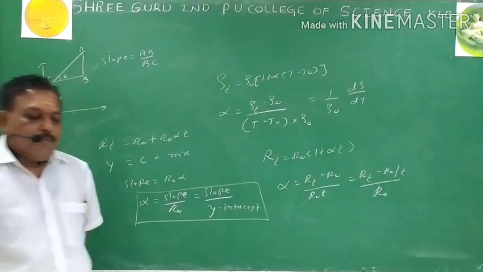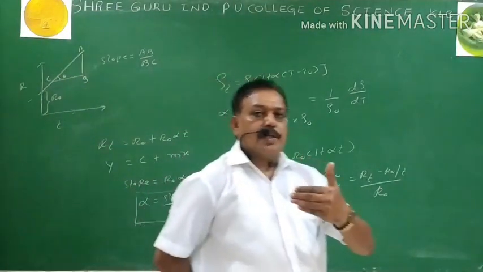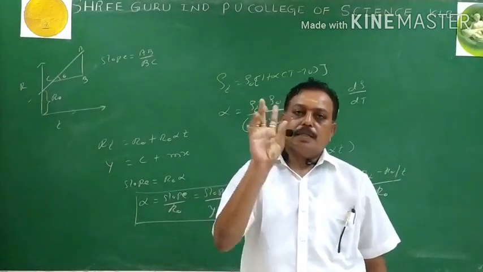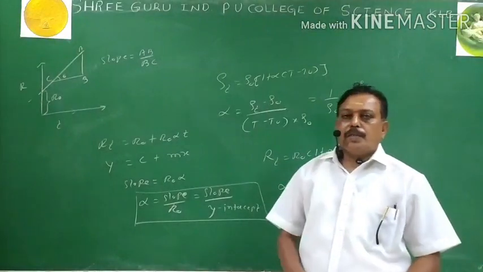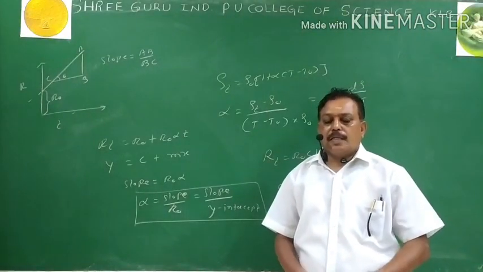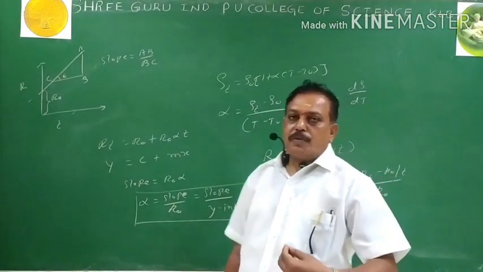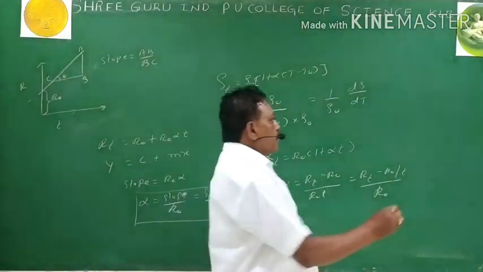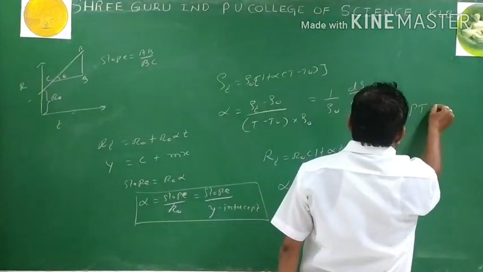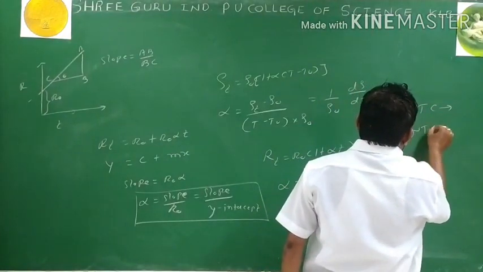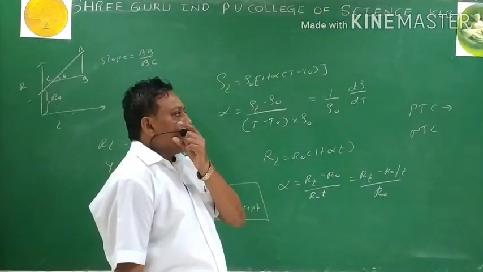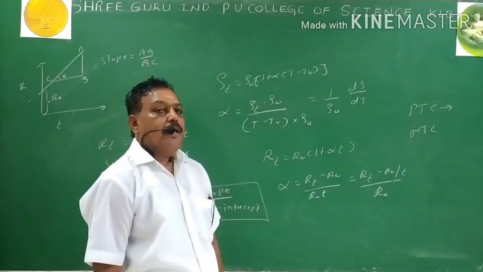On the basis of the relation between resistance and temperature, we have classified the temperature coefficient of the material into two categories. One is positive temperature coefficient, and the second is negative temperature coefficient. The relation between resistance and temperature classifies them as PTC and NTC.